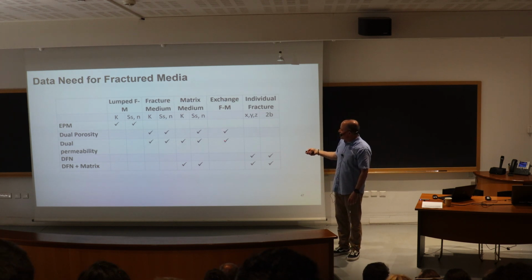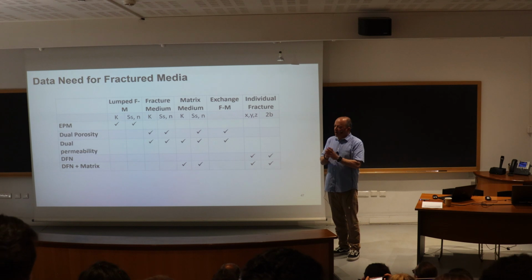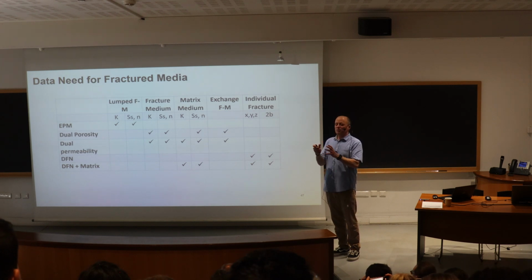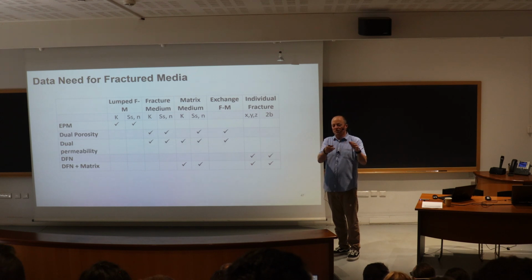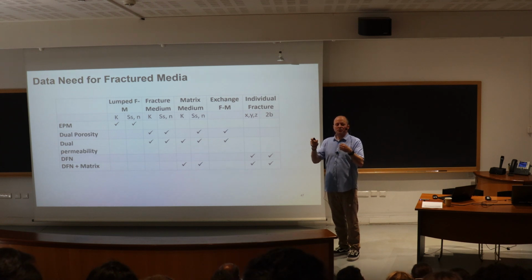And there's an exchange term that is required. The exchange term is often based on the geometry that you assume for your system, like these matrix blocks or these parallel plates. Then you can define relationships for the geometry. And the exchange term will be a first order term.